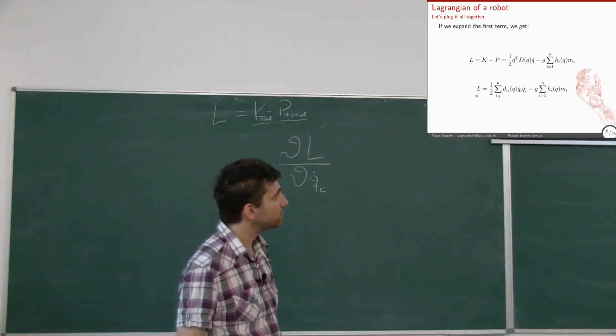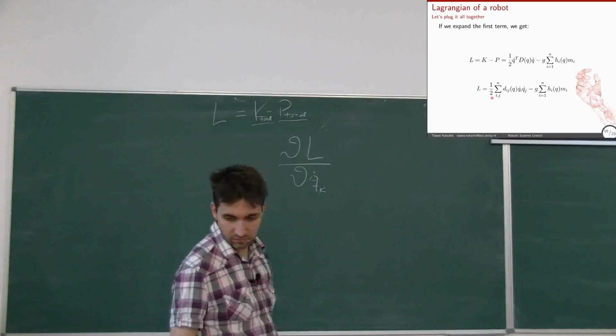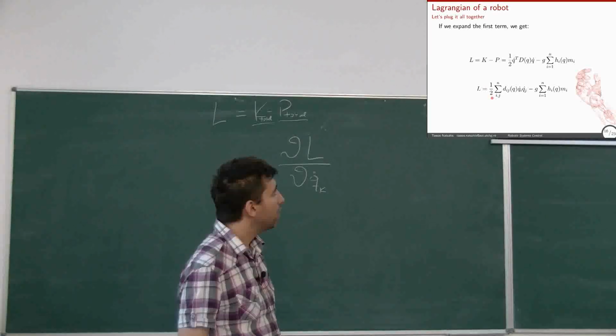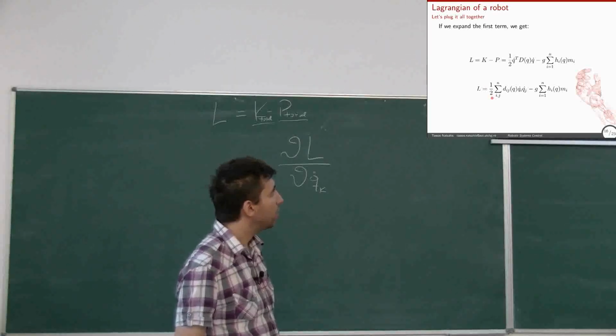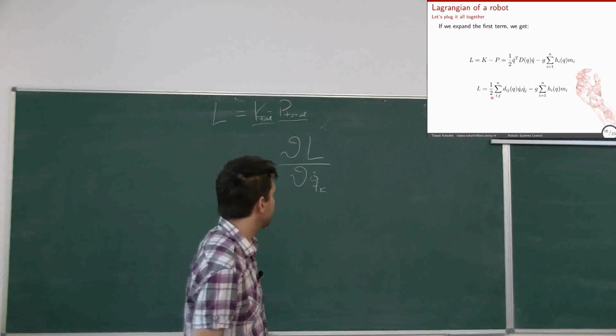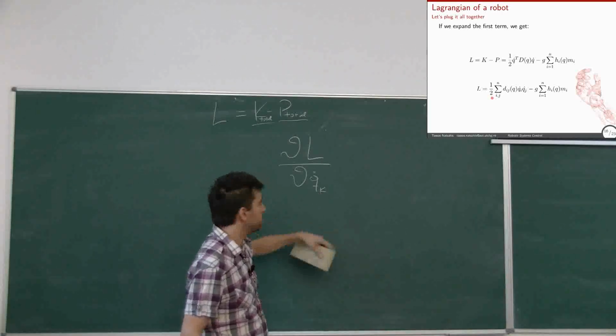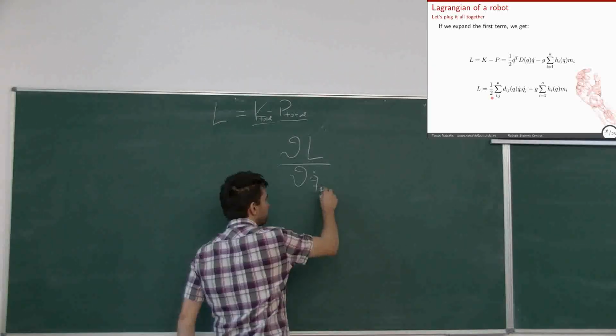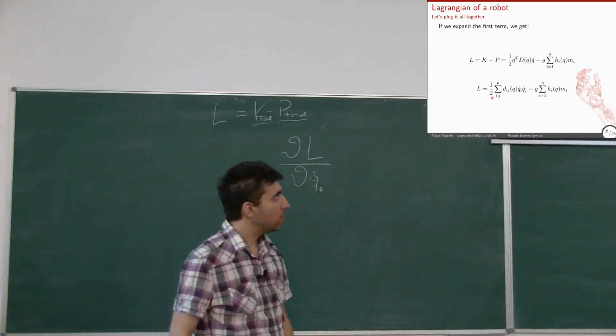And here, what do I have? Which of these terms depend on q1? Let's take kappa to be 1 for now, just to prove the point.